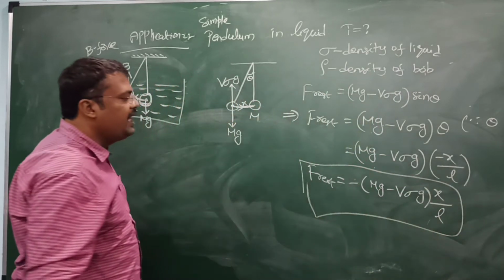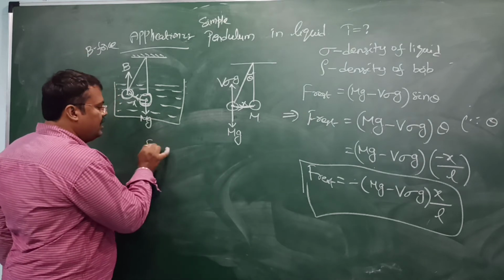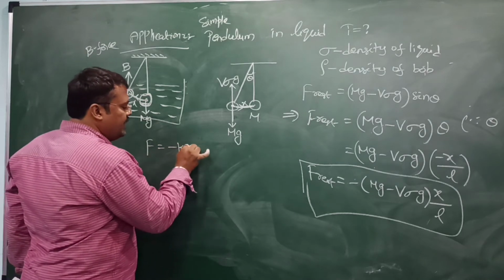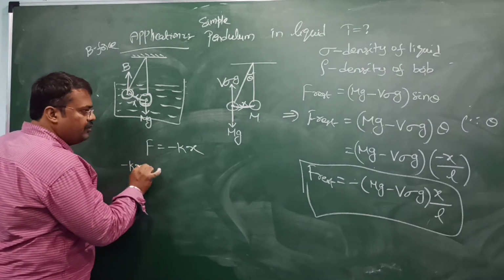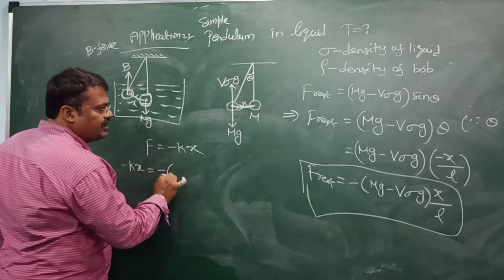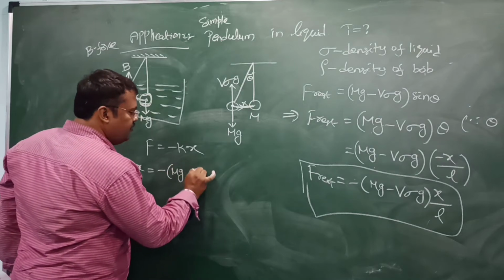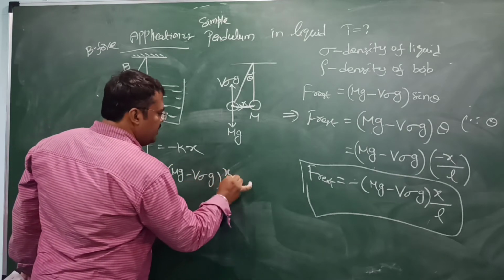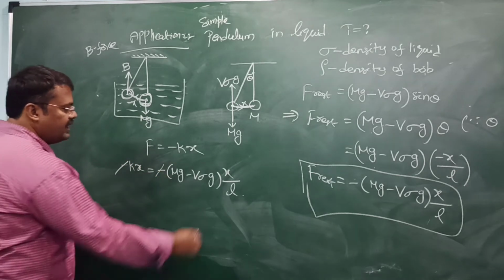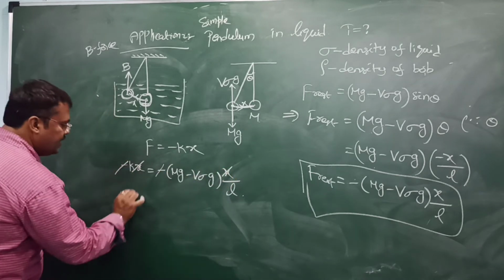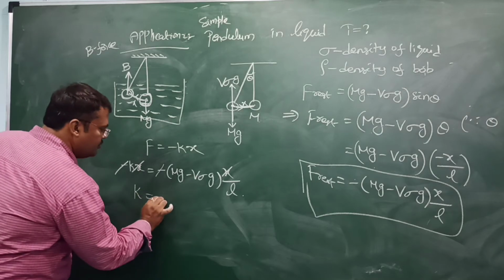Now let us compare this with the standard formula F is equal to minus k into x. So minus k into x is equal to minus of mg minus V sigma G into x divided by L. Let us cancel this on both sides. X will get cancelled. Then k is equal to m.